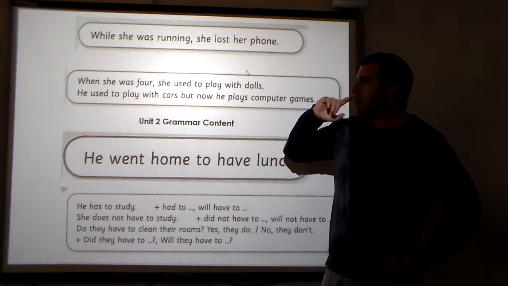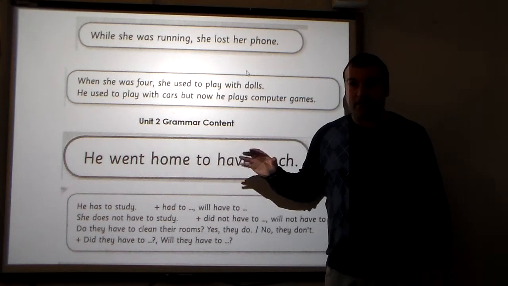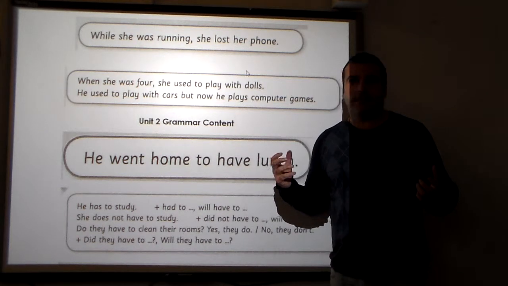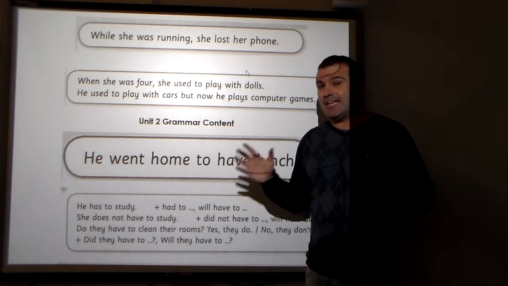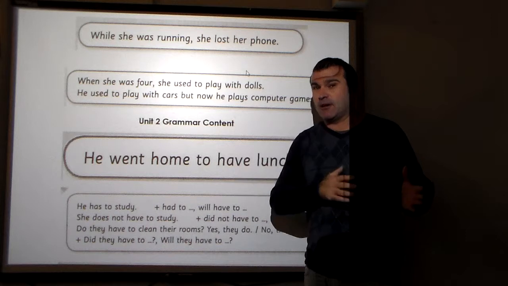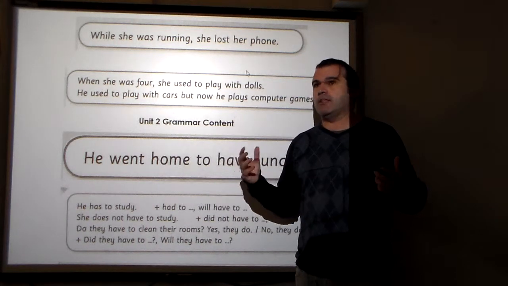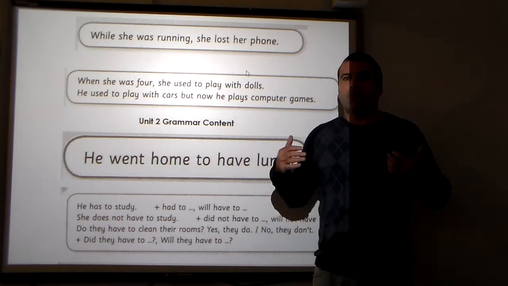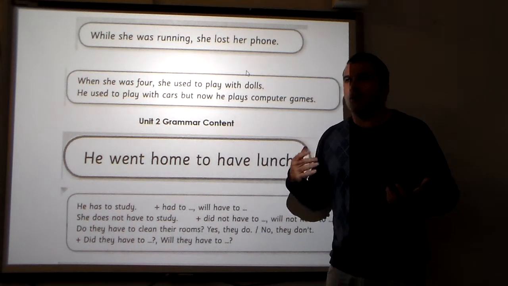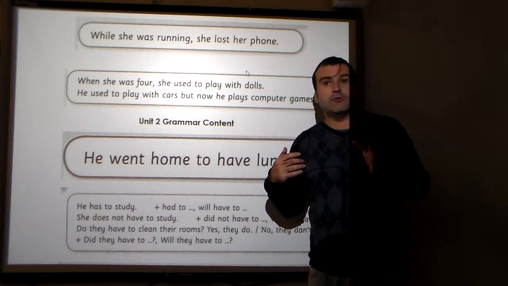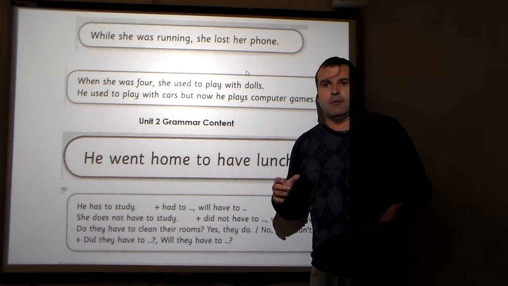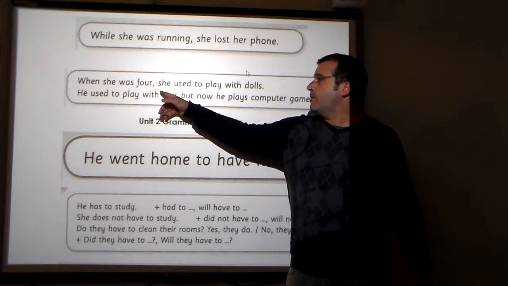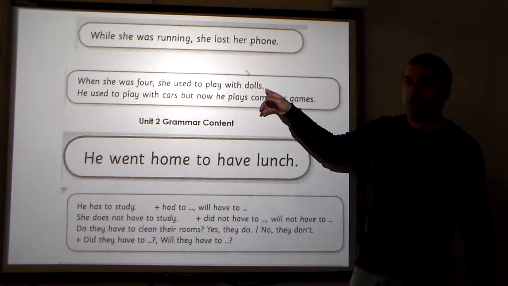Now, the other structure that we saw is used to. Used to refers to something that we usually did in the past. We did it continuously, usually, but we don't do it anymore. When I was a baby, I used to drink milk from a baby bottle, but I don't do it anymore. So when she was 4, she used to play with toys.